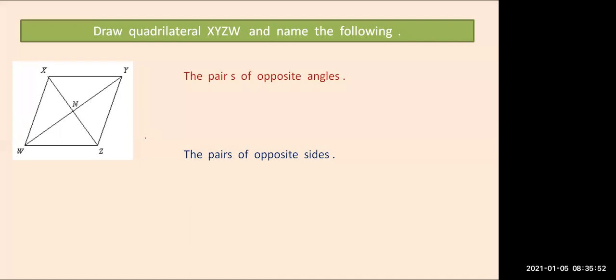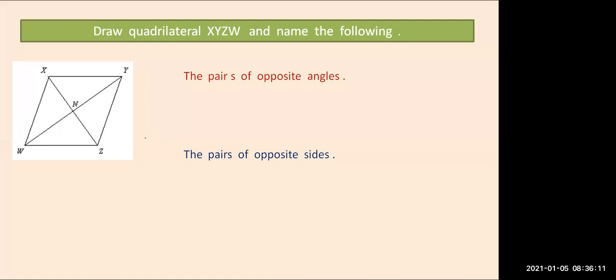All quadrilaterals have, like a triangle has vertex, side, angle, the same way a quadrilateral also has, but it also has some rules, like we can say it has some properties.